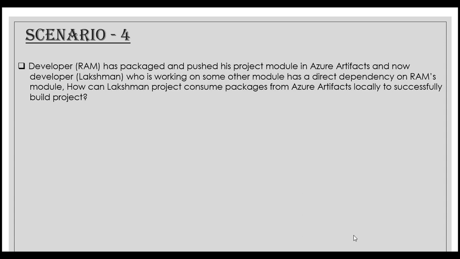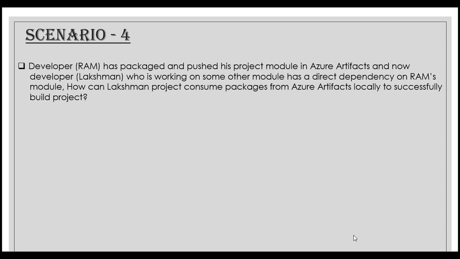So in short, there is a developer who has created a module and pushed it into Azure Artifacts. Now Lakshman, the other developer, wishes to consume Ram's module because there's a direct dependency in his project. How can Lakshman consume the packages locally? So the word is locally.